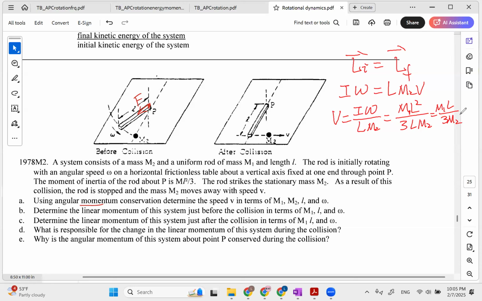Any question here? You know that initially the rod is rotating, so this is the whole body rotating, and you are given omega, so you can use I omega directly. But after the collision, the rod stops, m2 continues, right? So it's r p sine theta, right?